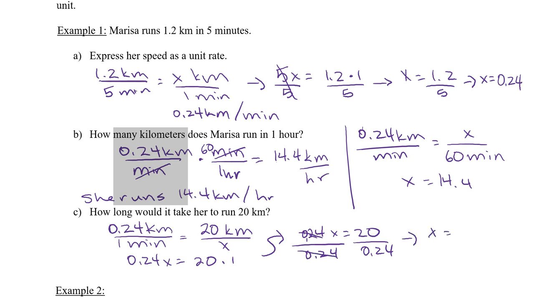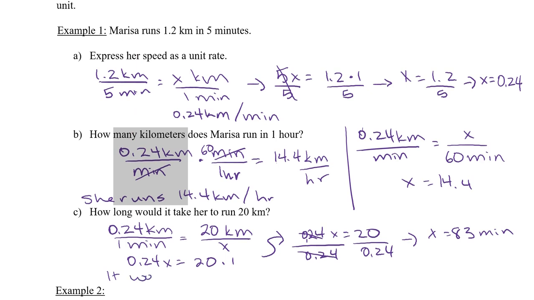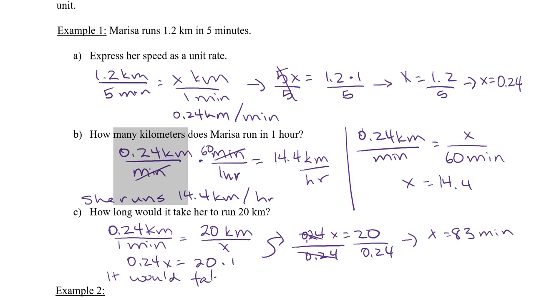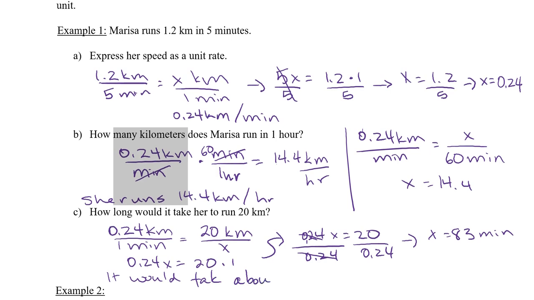X is going to be 20 divided by 0.24, and I have 83.33333, about 83 minutes. That's 83 minutes and 20 seconds, but we're not really totally worried about that. It would take her about 83 minutes.